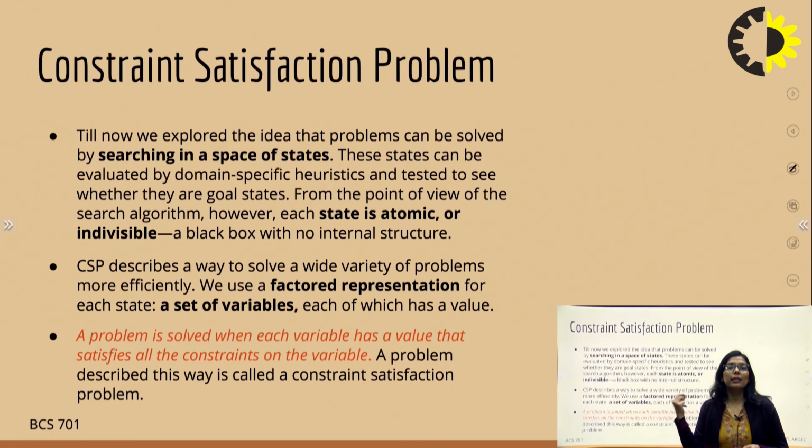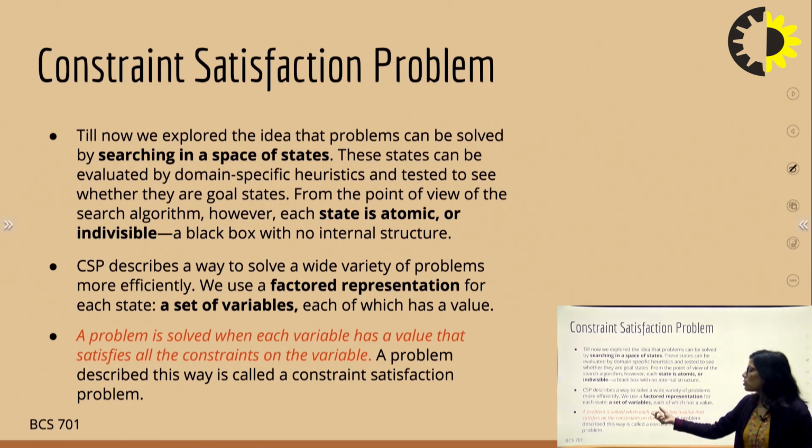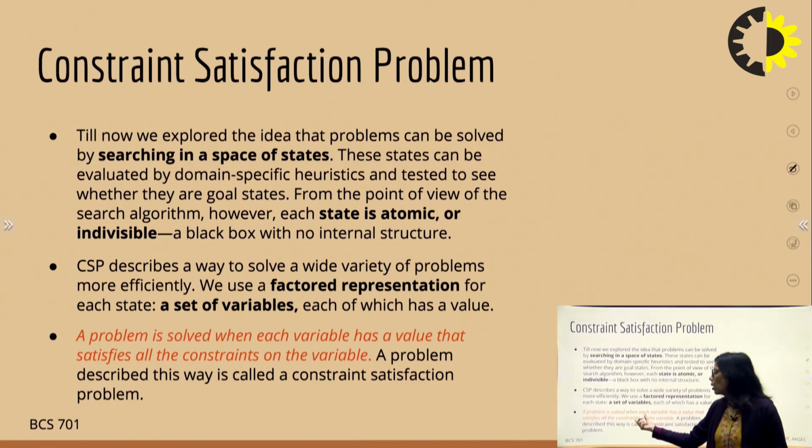So instead of considering a state as a black box, in constraint satisfaction problems, we consider the factored representation of a state, wherein a state consists of a set of variables, and our task is to assign values to these variables provided some constraints are met.